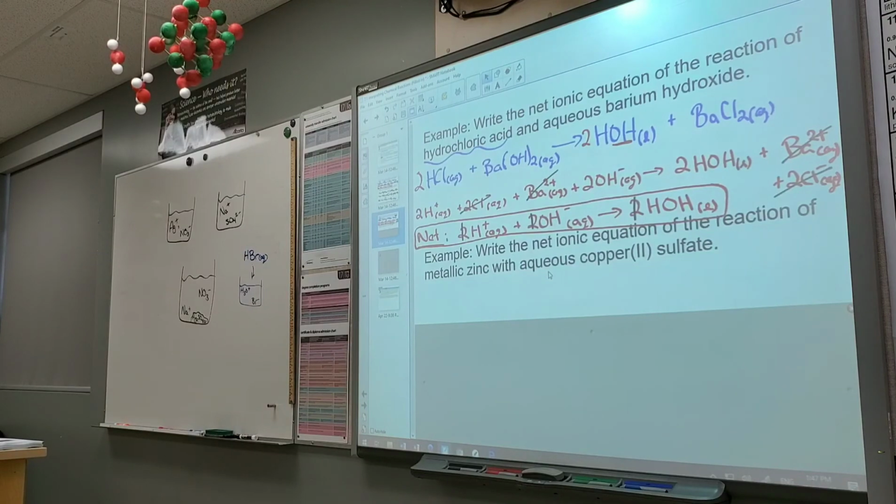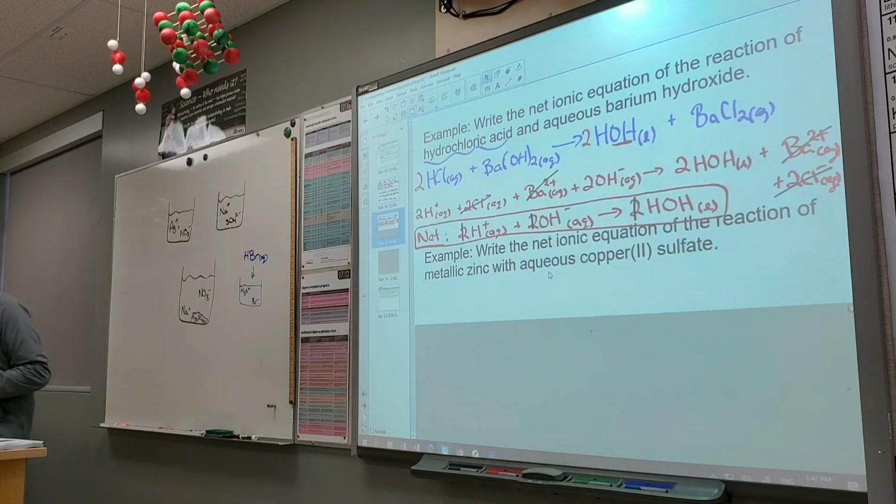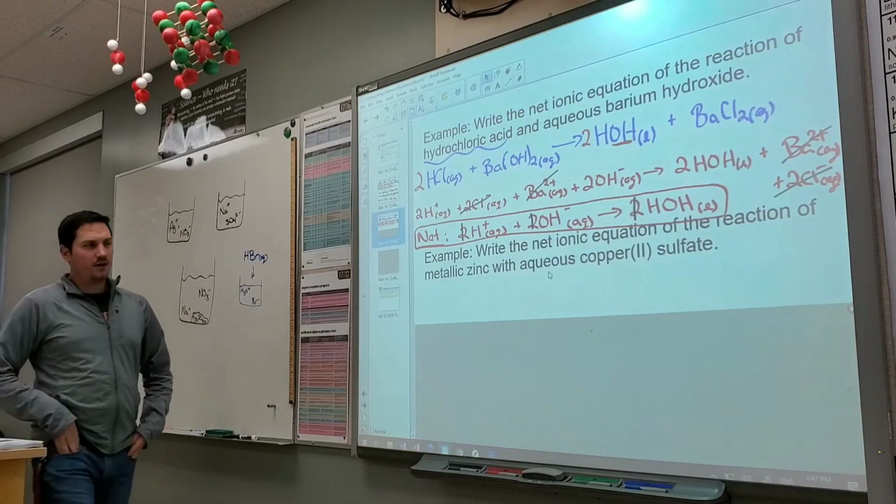The copper plated, it turned into copper metal on here. It just looks black right now. It's such a blue-green color that it's black. So the zinc turned into zinc ions, and the copper ions turned into copper metal.